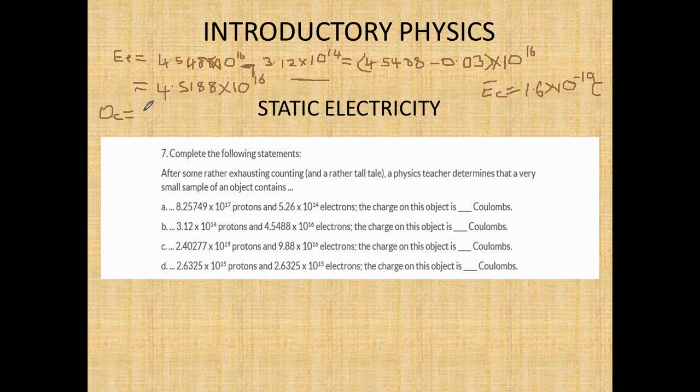So this would be 4.5188 times 10 to the power 16 times the charge on each electron, which is 1.6 times 10 to the power minus 19.